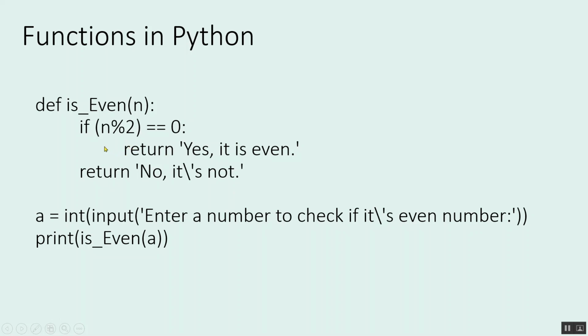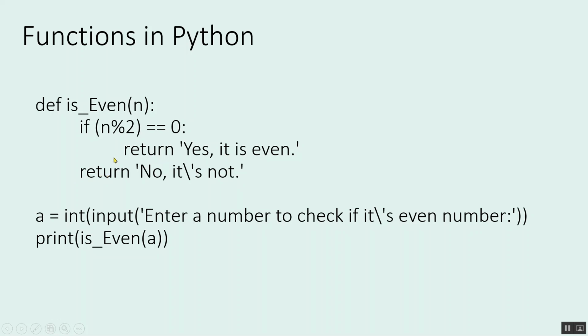So it's like a shortcut method. Now if this condition is true, it would return already the string yes it is even, ignoring the next instruction. So once we return, it will not proceed to the next line.